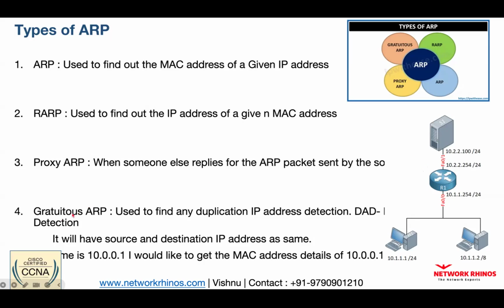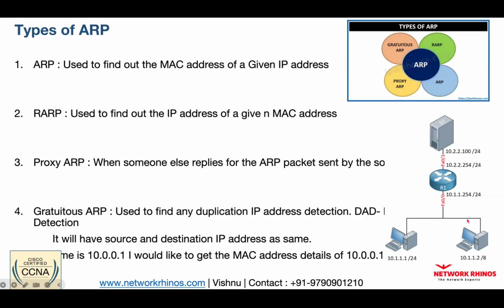Then we have gratuitous ARP. Gratuitous ARP is simply used for duplicate IP address detection, meaning in case you are trying to configure an IP address on a PC, and another PC also has the same IP. Before this PC accepts that IP address, he will send out a gratuitous ARP asking everyone, hey, does anyone else in the network have the MAC address for 10.1.1.1?